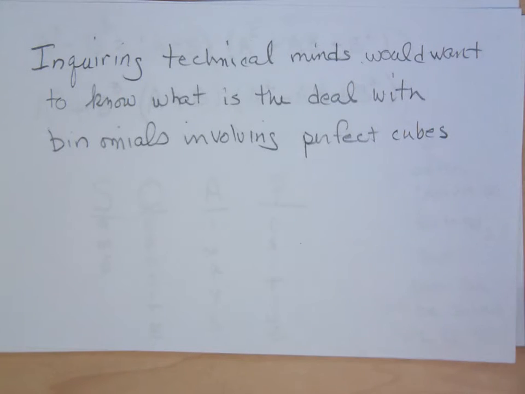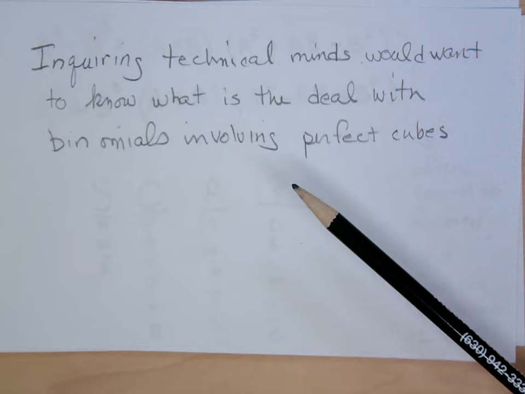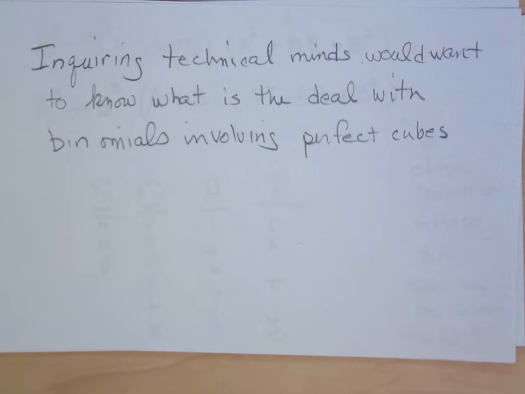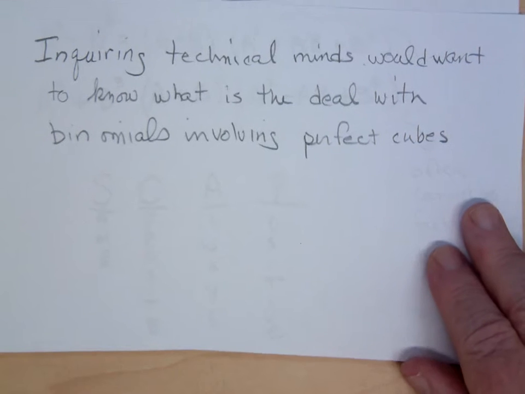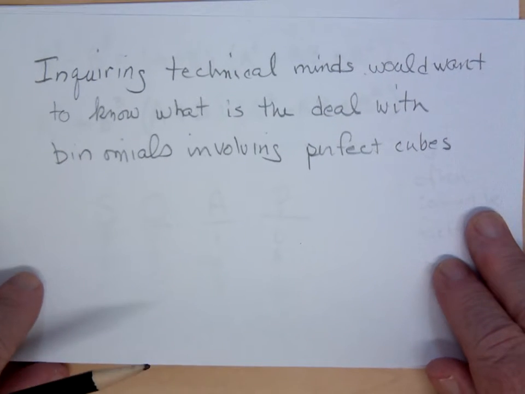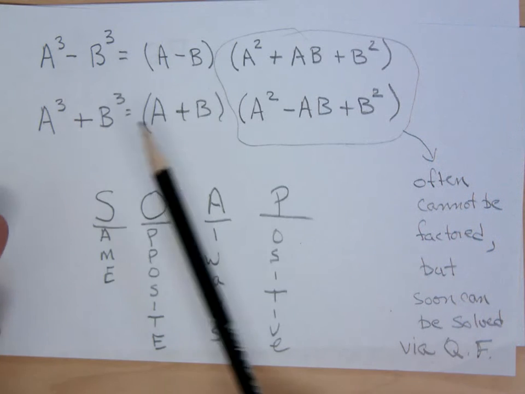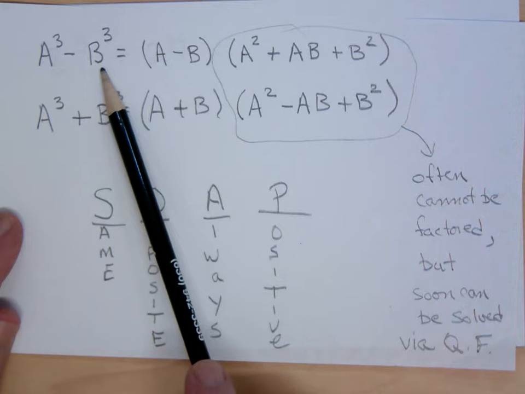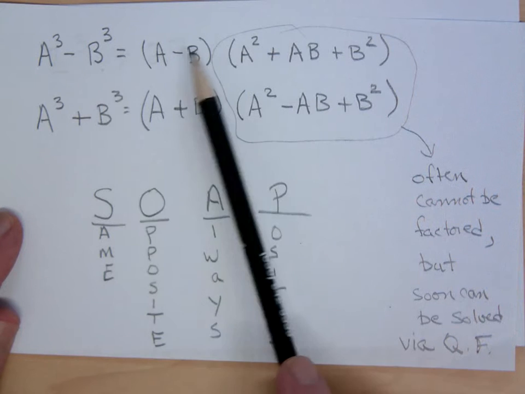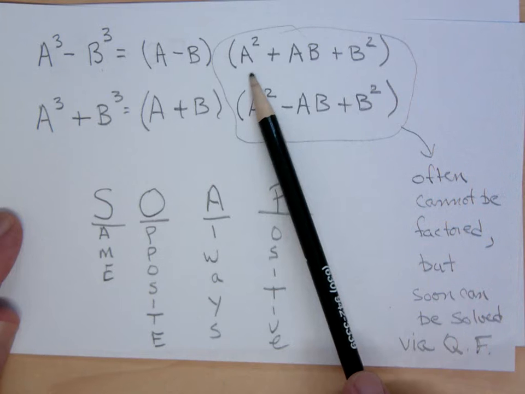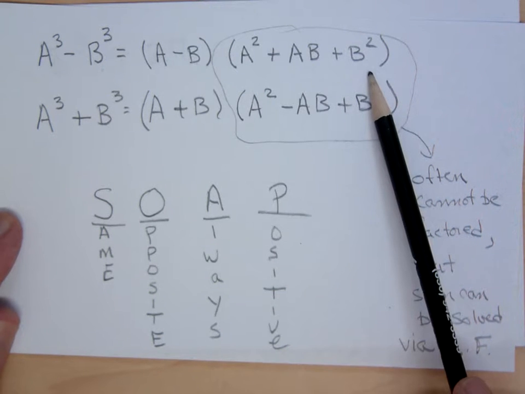But inquiring technical minds would want to know, what's the deal with binomials involving perfect cubes? And if you have such an inquiring mind, this video is for you, because that's the subject we deal with here. And here are the two identities. If you have a cubed minus b cubed, that can be factored into a minus b times the quantity a squared plus ab plus b squared.